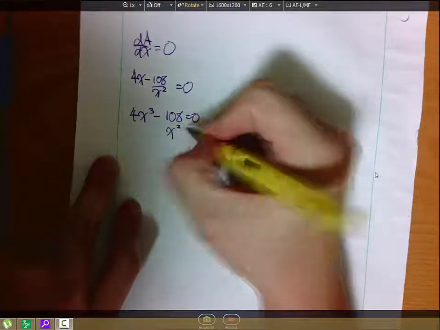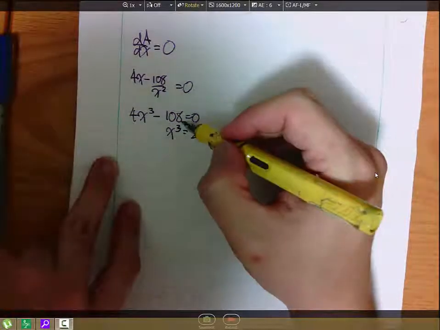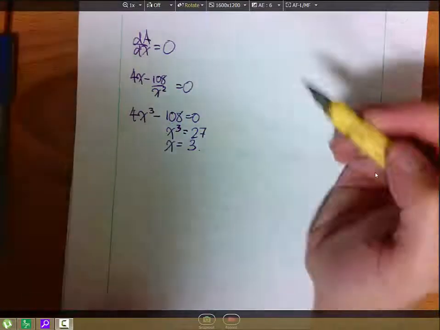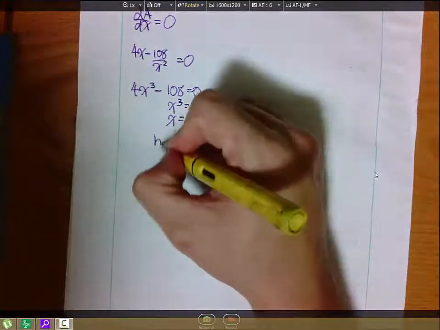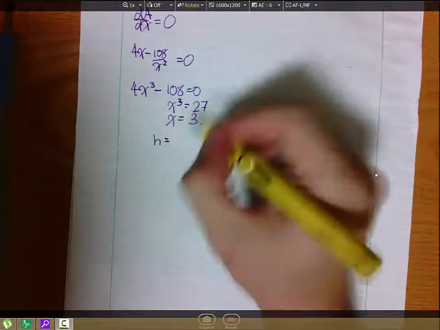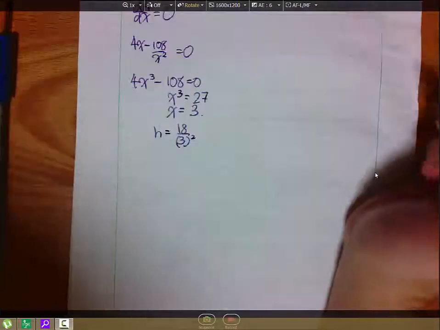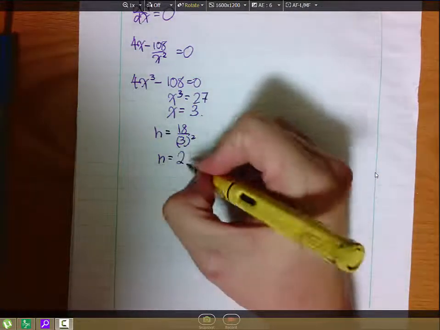So x cubed is equal to 27. Cube rooting, x is equal to 3. If x equals 3, I know that h from above is equal to 18 over x squared, so it's 18 over 3 squared. My h value is 18 divided by 9, which is equal to 2.